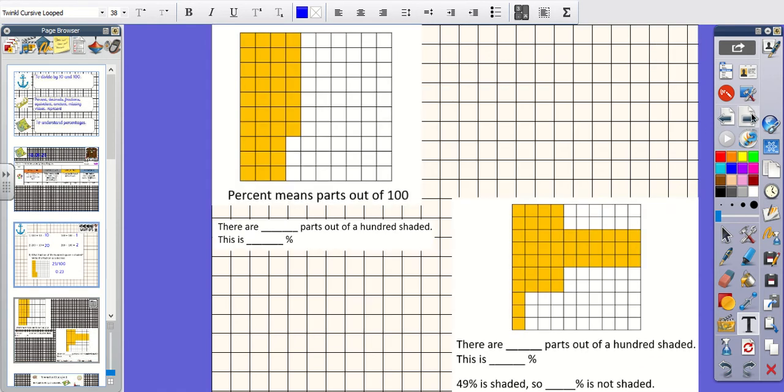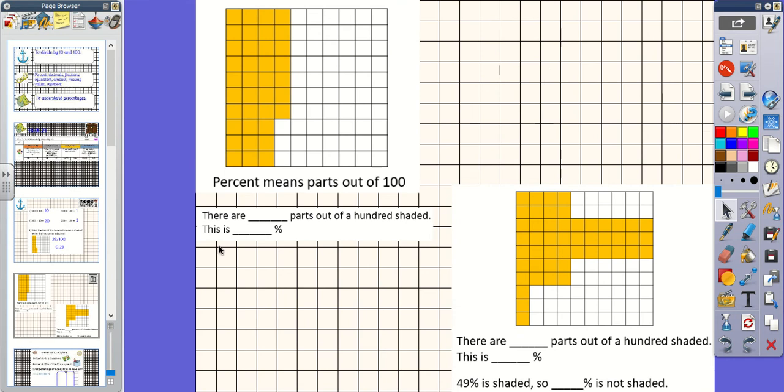Okay then, so percentages. When we are looking at percentages, the word percent means parts out of 100. So say, for example, if I had 55%, it would be 55 parts out of 100. Okay, so here it says there are something parts out of 100 shaded. This is something percent.